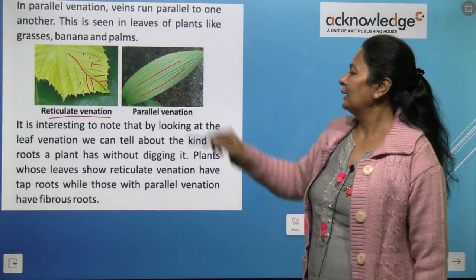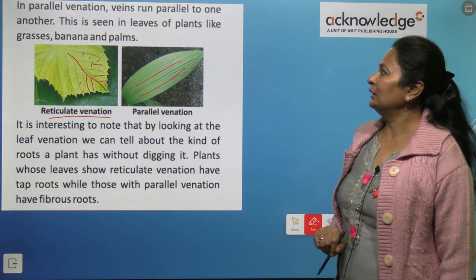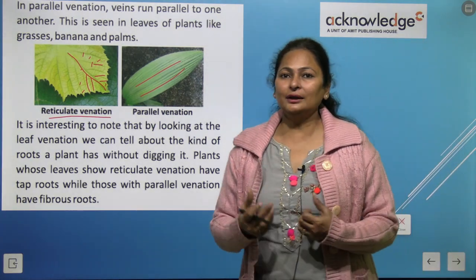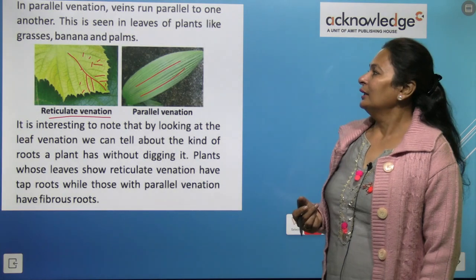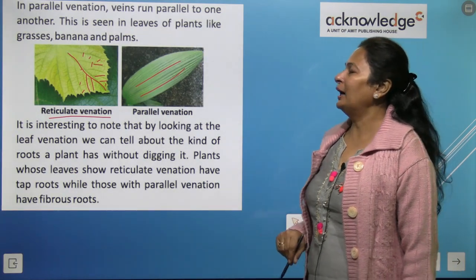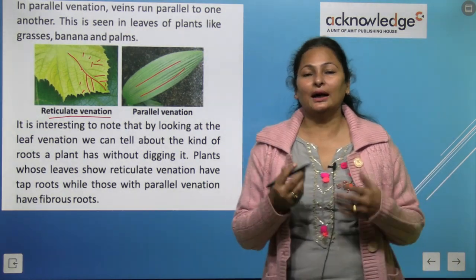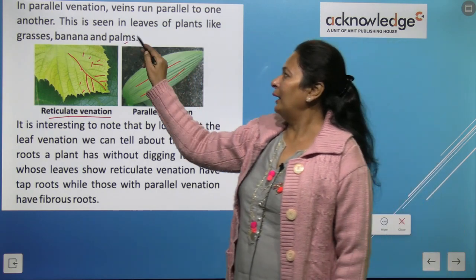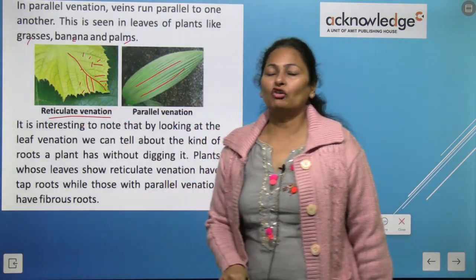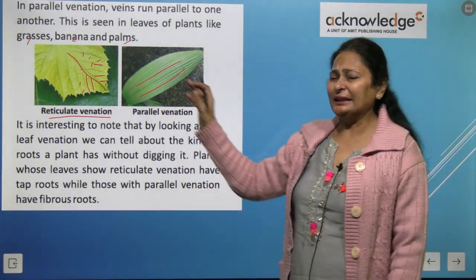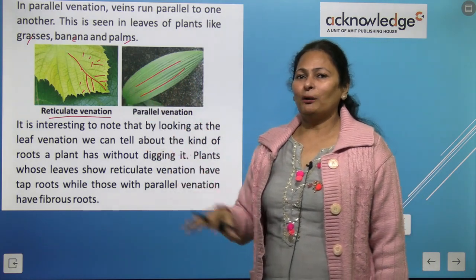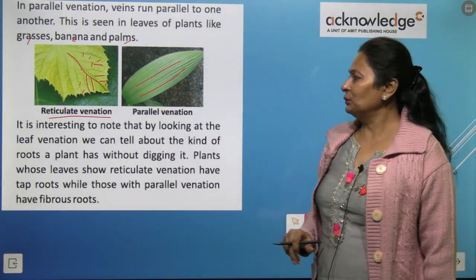This is the picture of parallel venation. In parallel venation, veins run parallel to one another. This is seen in the leaves of plants like grass, banana and palms. These are some examples of parallel venation. You can easily spot the difference between these two.